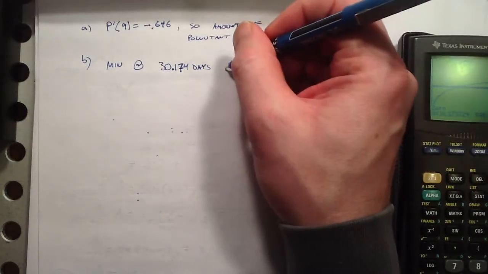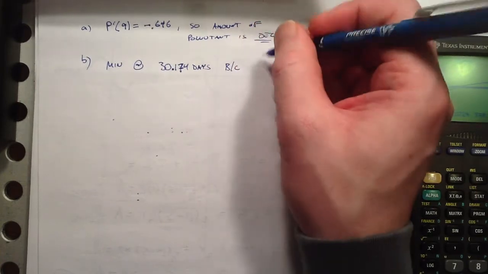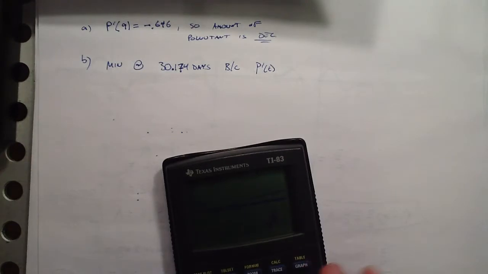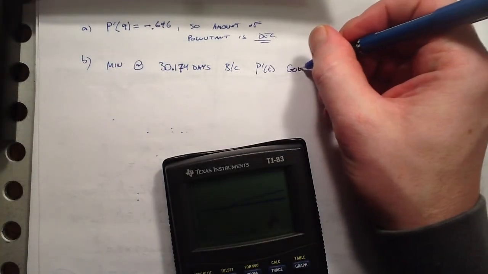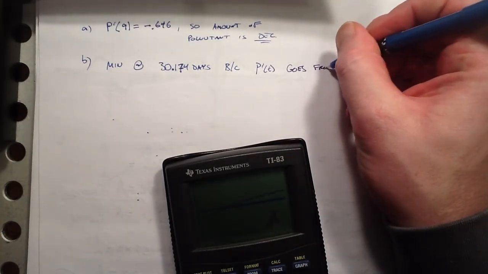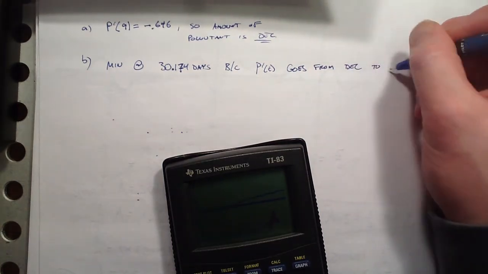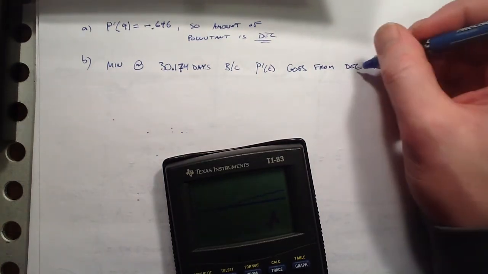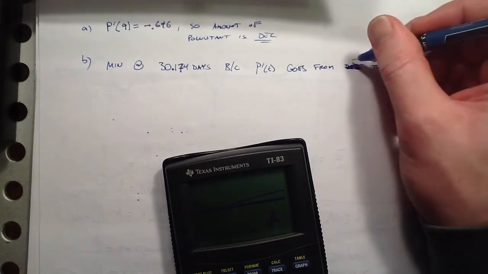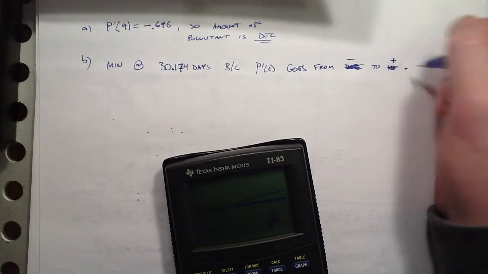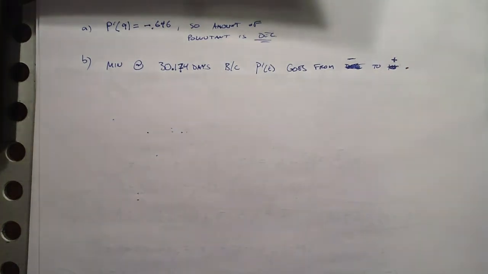They want us to justify our answer because the p prime of t function goes from negative to positive is what we want to say, right? Negative to positive. All right.